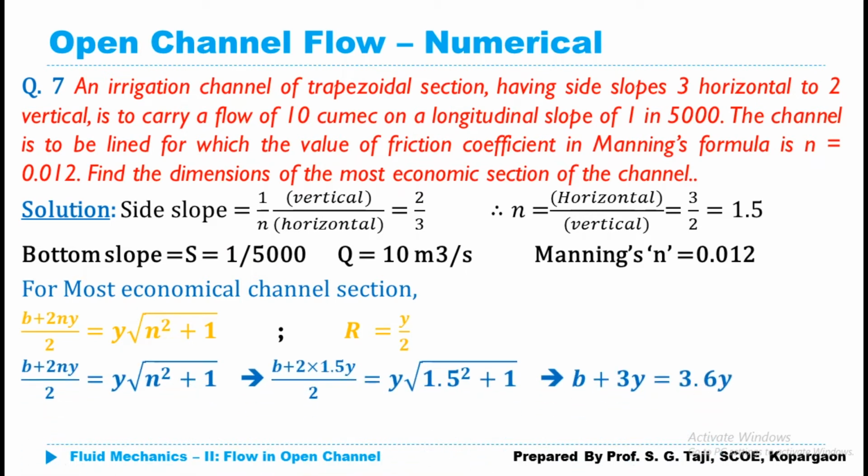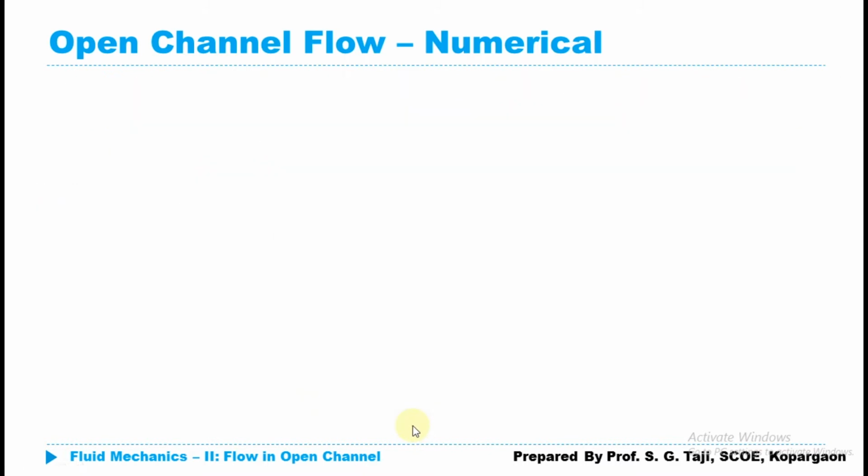By putting the value of n in this equation, we are getting the equation as b plus 3y is equal to 3.6y. So I can simply say that b is equal to 3.6 minus 3, that is 0.6y. So this is our equation number 1, where I am getting the relationship for b and y, that is b is equal to 0.6y.